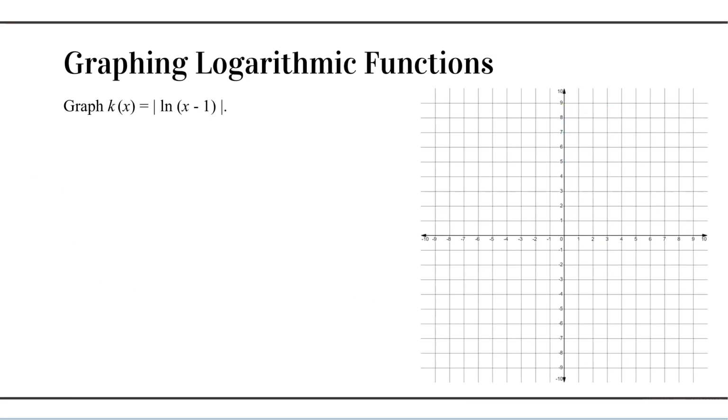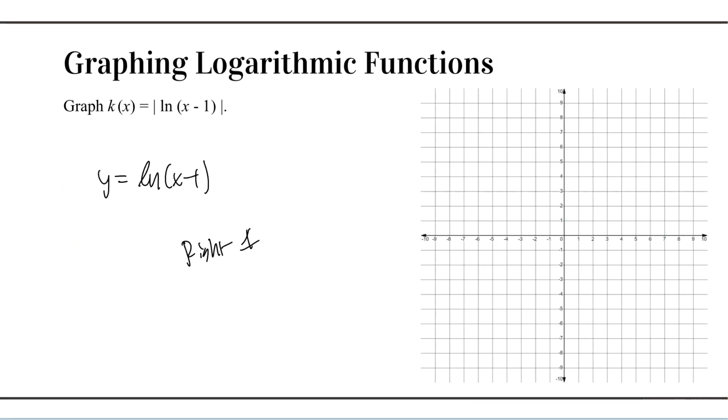And then finally, with the last example right here, something a little funkier, but it's pretty easy to understand once I explain it to you, there's an absolute value around this. And we'll talk about what effect that has. If we first of all just think about having the natural log of x minus 1 equals y only, that would really just be taking the natural log function and shifting it to the right one, of course.